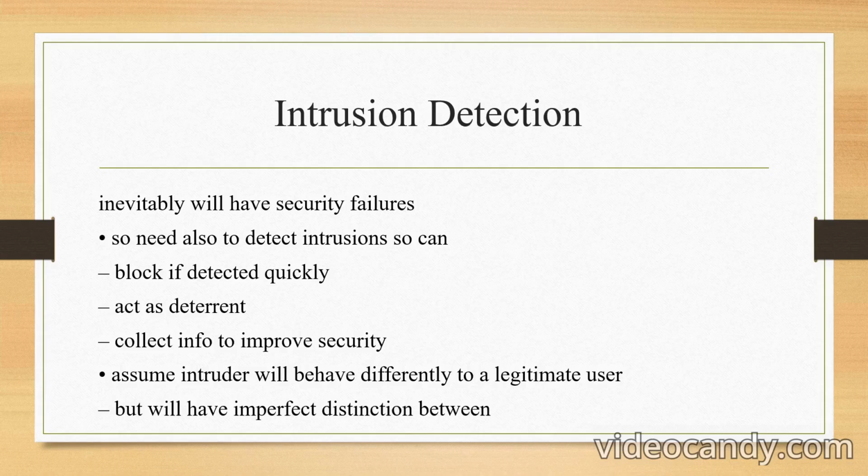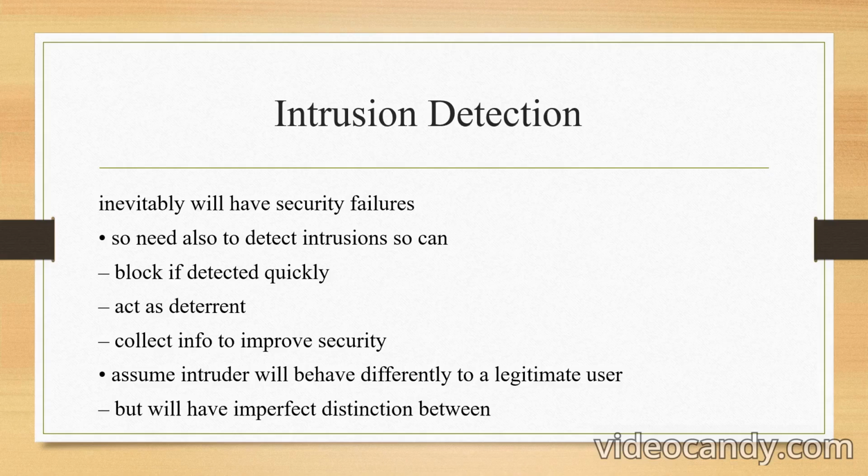First one is, if an intrusion is detected quickly enough, the intruder can be identified and ejected from the system before any damage is done or any data are compromised.